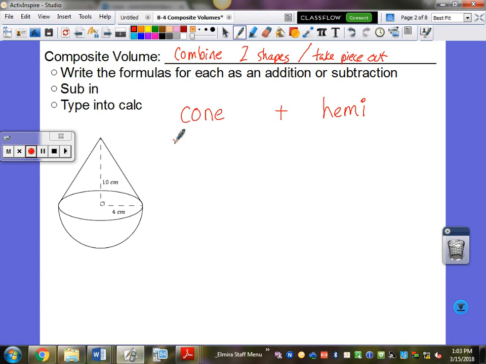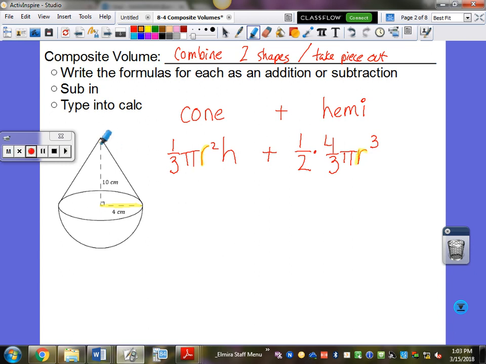So formula for cone is 1/3 pi r squared h, then a plus sign. And a hemisphere is half of a sphere, so half times 4/3 pi r cubed. Okay, so in my cone, my radius is right here. That's also the radius of my hemisphere.